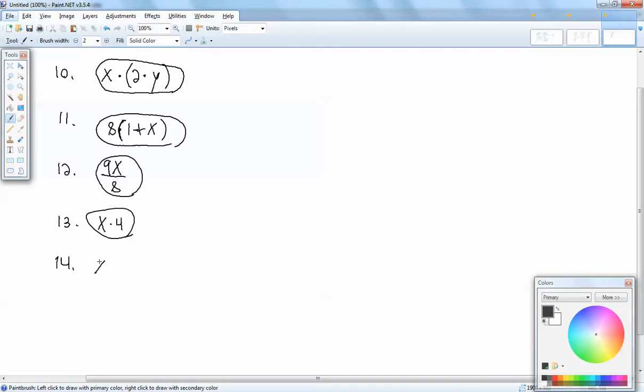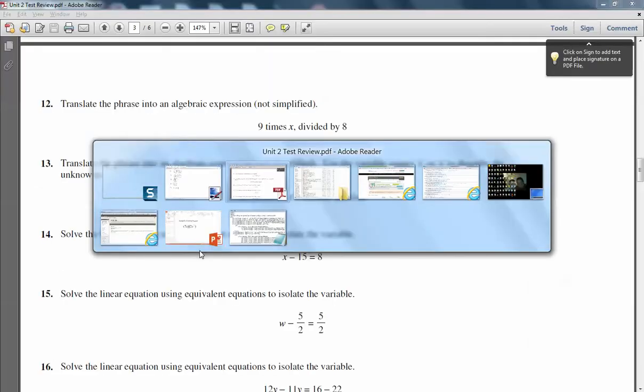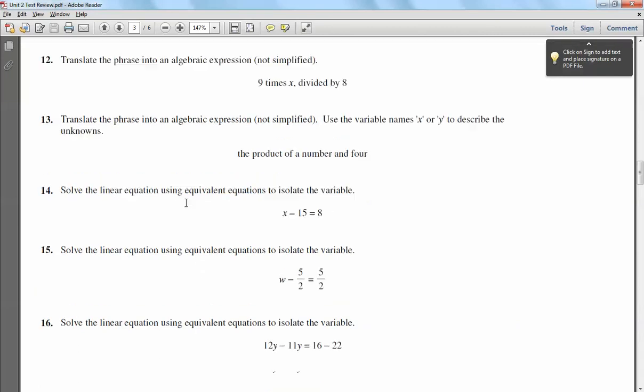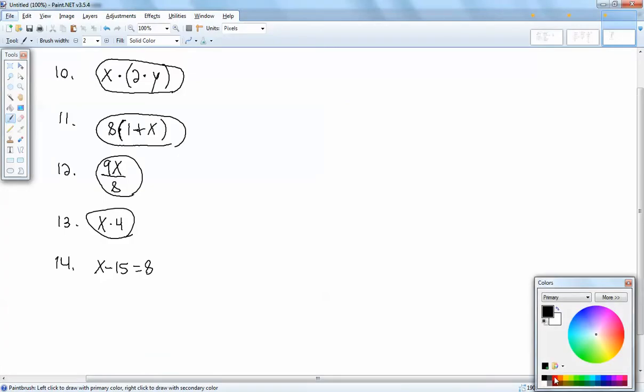Got x minus 15 is equal to 8. If I can get it back, there we go, equals 8. Now, this is solving a linear equation, so I'm going to go through my 4 steps for a linear equation. First step, get rid of parentheses. Don't have any. Second step, get rid of fractions. Don't have any.